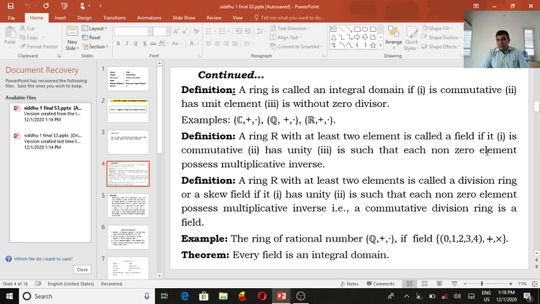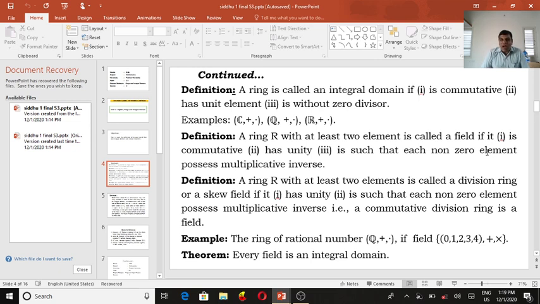What is a field? A field is commutative, has a unity, and each non-zero element possesses a multiplicative inverse. That is called a field.